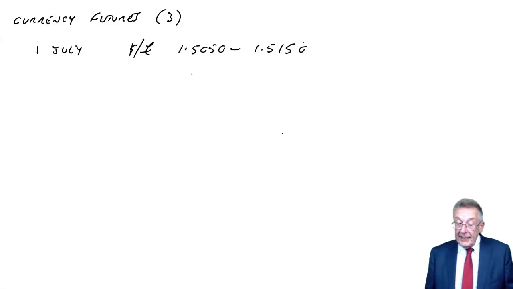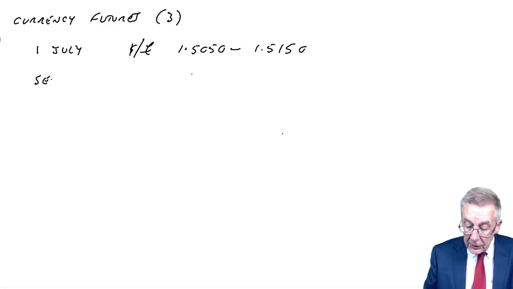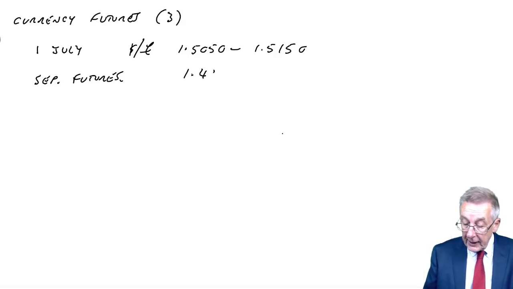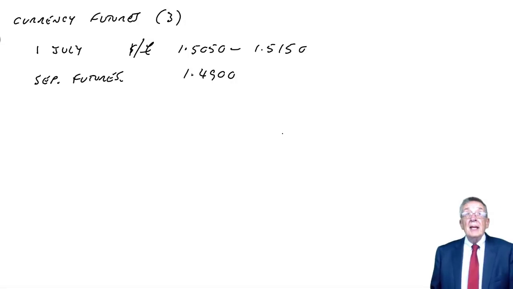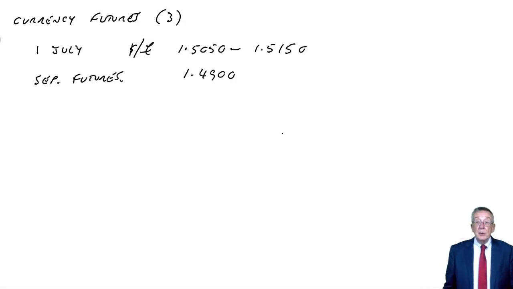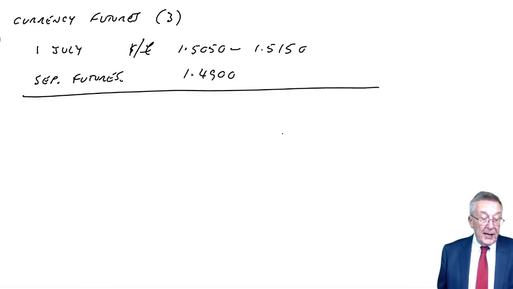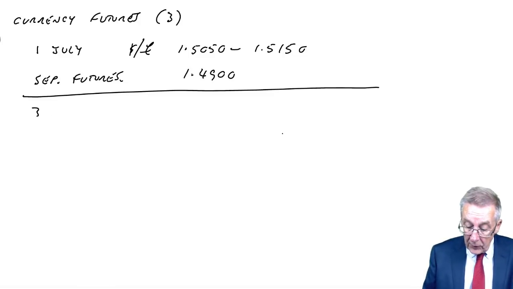And on the same date, we've got September futures, and they're quoted at 1.4900. Now, although you can buy or you can sell futures, there's only one rate quoted each day, regardless of whether you're buying or selling. So you'd either buy at 1.49 or you could sell at 1.49. Maybe we've got a transaction which is going to happen on the 31st of August.